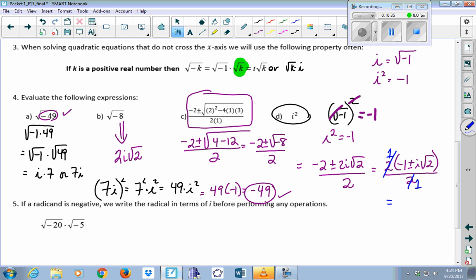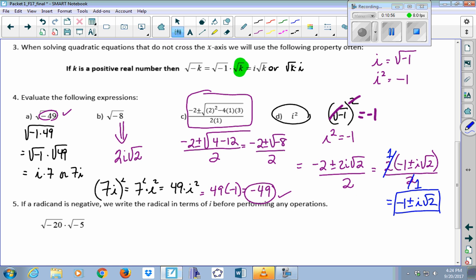And then your solution, not your solution, this is just a simplification, would be negative 1 plus or minus i square root of 2, all over 1. So you can just leave it like this. So one way is to factor out a common factor that appears in the numerator and denominator and then reduce your fraction.